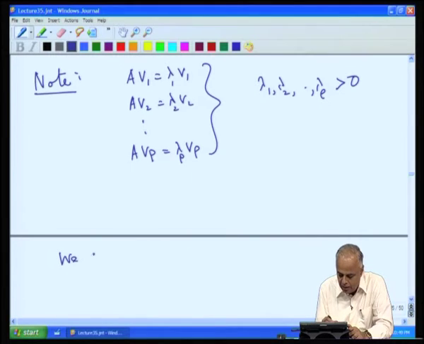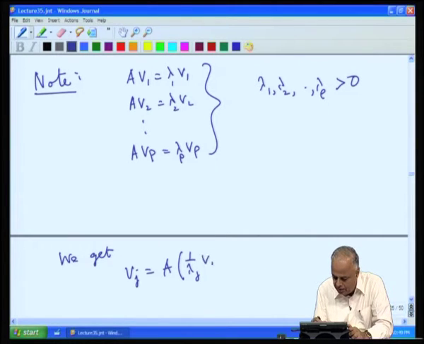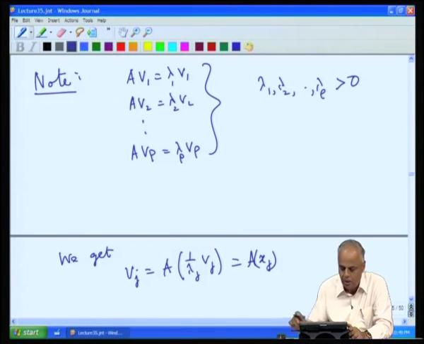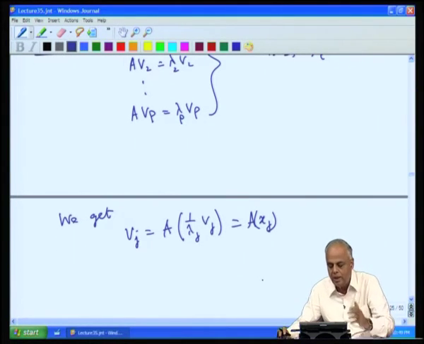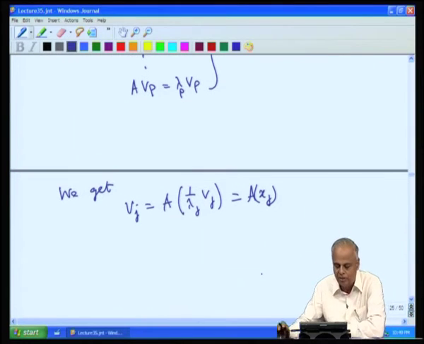So, each V j can be written as A of 1 by lambda j V j, or A of x j, which means V j is a vector of the form A of something.